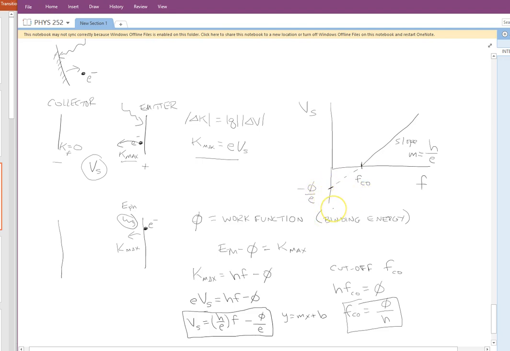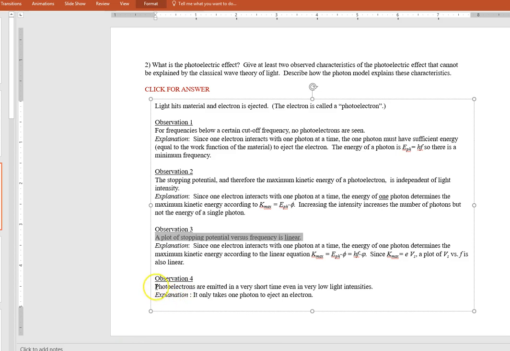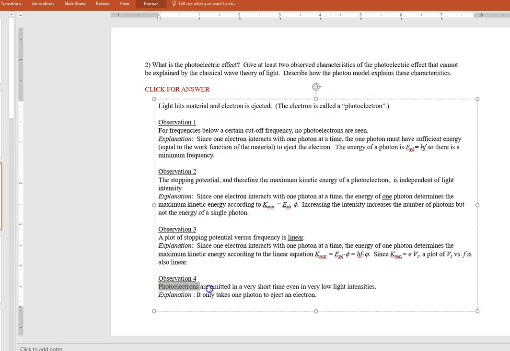So here's an experimental way to determine the work function of that metal. The photon model explains this plot perfectly. Not only does it explain that you get a line, but it also shows you that you can get at Planck's constant and the work function of the metal by analyzing the plot. Cool. Now, the last observation, remember, was that photoelectrons are emitted in a very short time, even at very low light intensities.